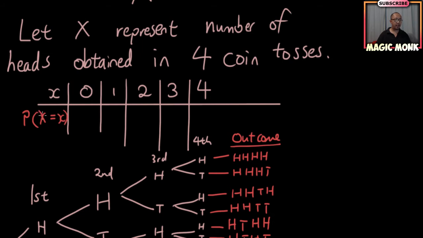So X is capital here and x is lowercase there. For example, what is the probability of X being 0? We're going to write the answer here. Probability of X being 1, we write the answer here, and so on.